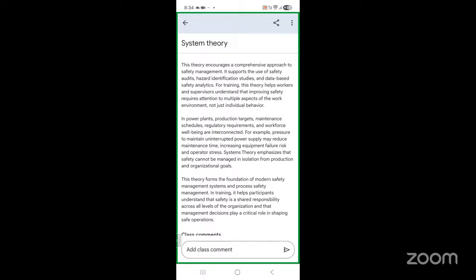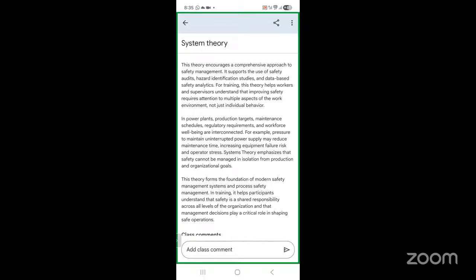This theory forms the foundation of modern safety management systems and process safety management. In training, it helps participants understand that safety is a shared responsibility across all levels of the organization, and that management decisions play a critical role in shaping safe operations.